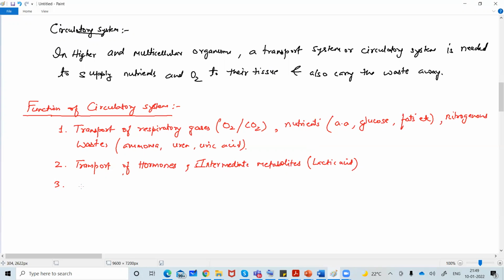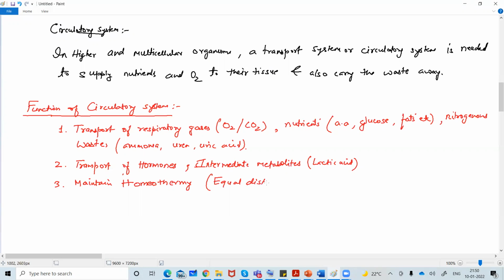Then the next function is to maintain homeothermy, like maintaining constant body temperature or equalizing distribution of heat. That will be the correct term.